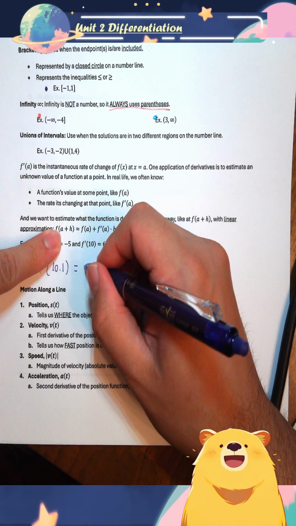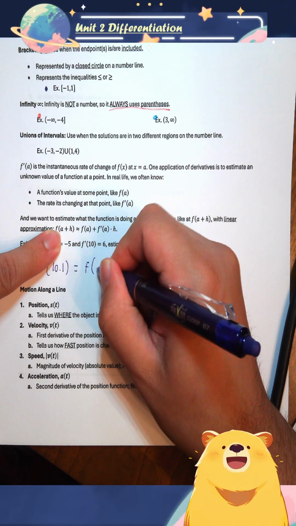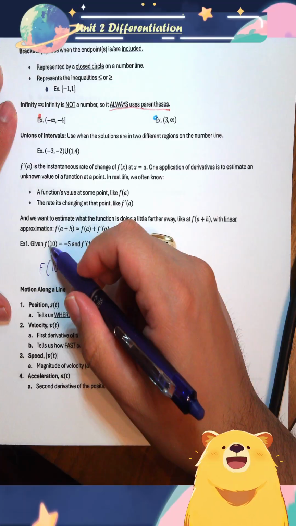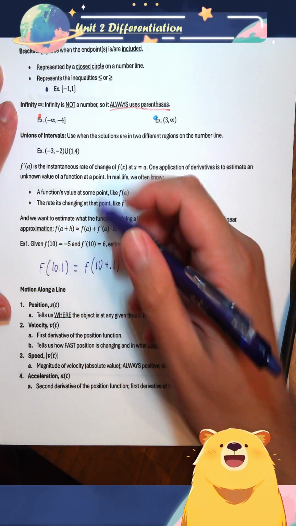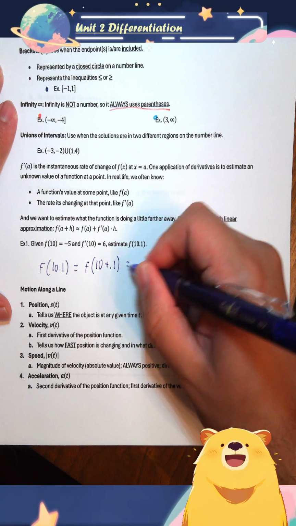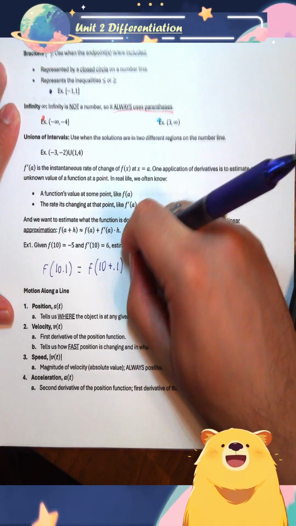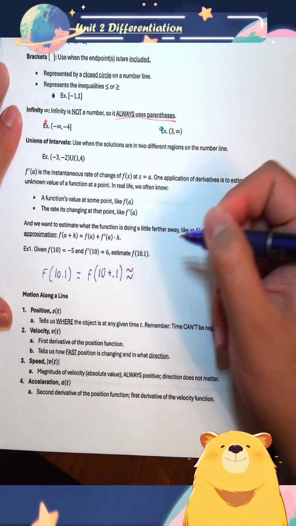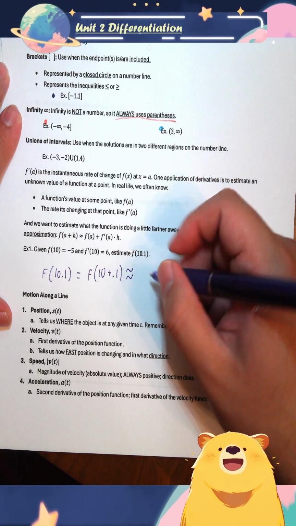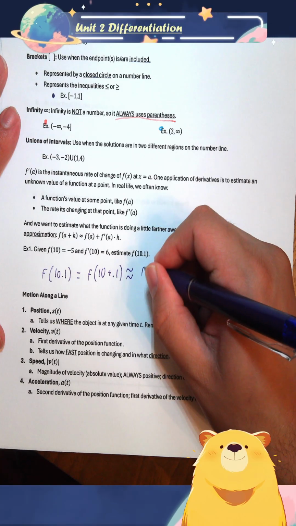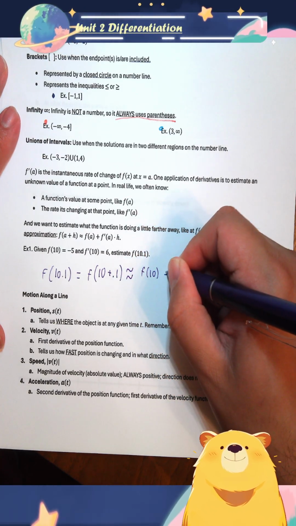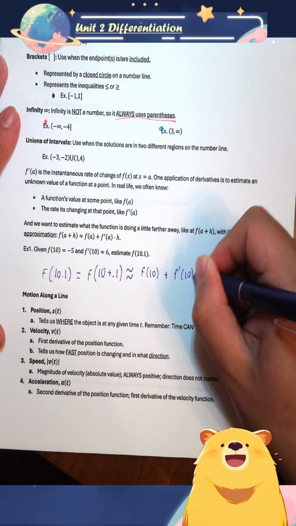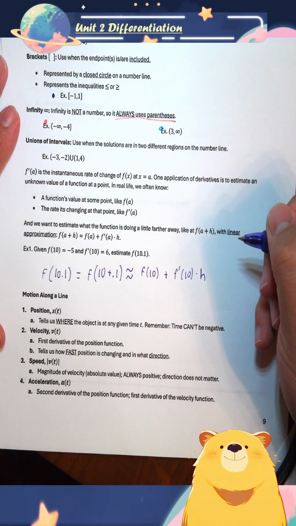But in using the estimation, we could first just note it plainly as 10 plus 0.1, since we technically know f of 10 and f prime of 10. So we can do the little squigglies and say that it's approximately close to f of 10 plus f prime of 10 times that h.